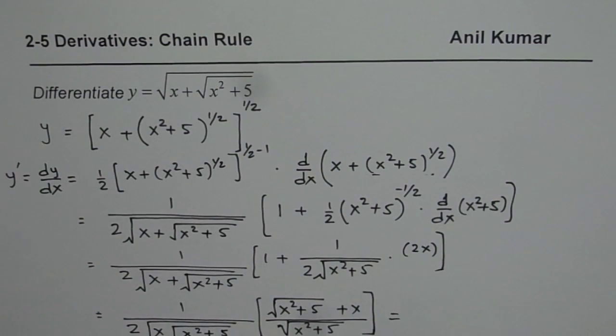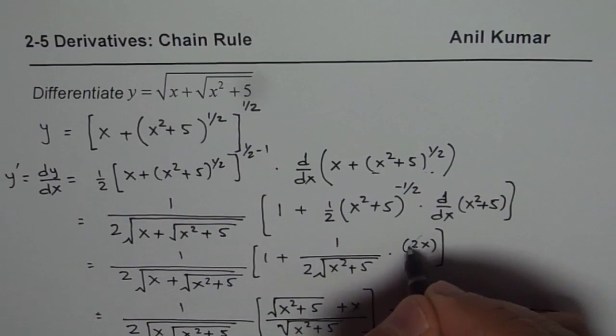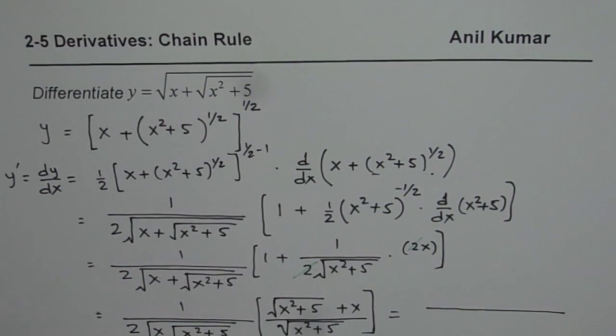Now this is square of this. You will notice this is square of this. So we could simplify it further, and once you simplify, let me cancel 2 and 2 so that it becomes very clear to you what we did here, right?